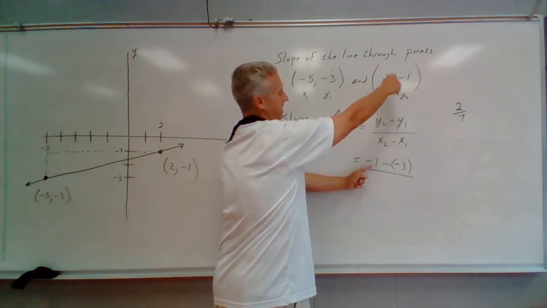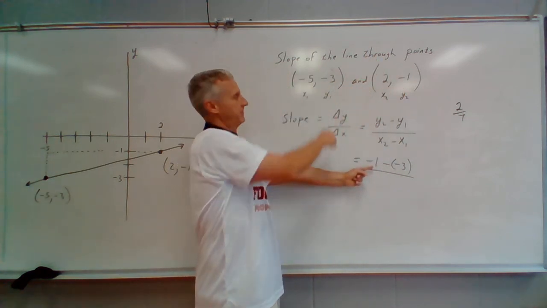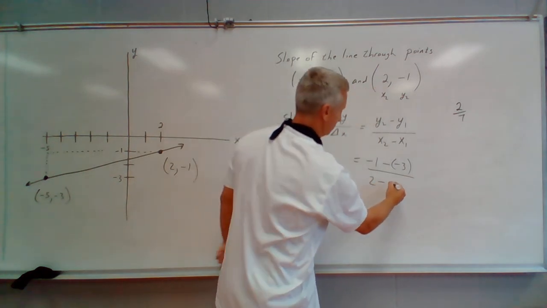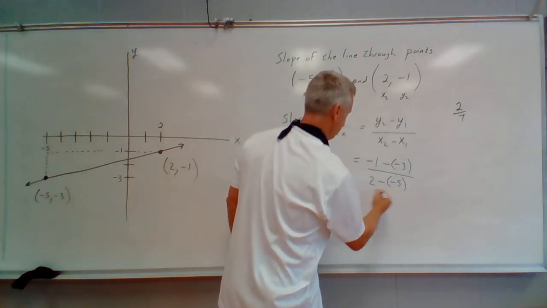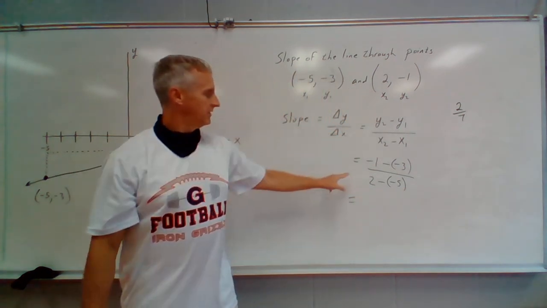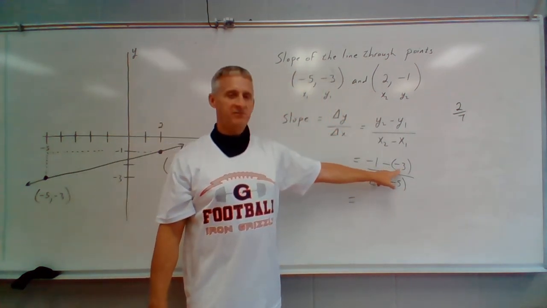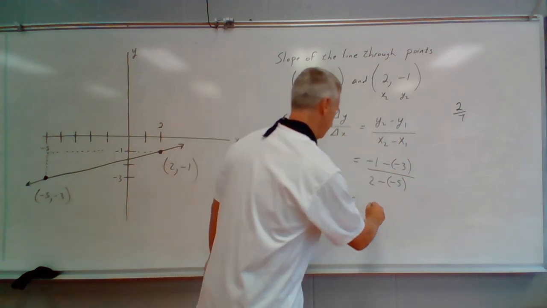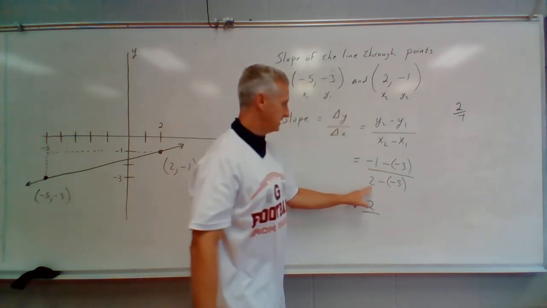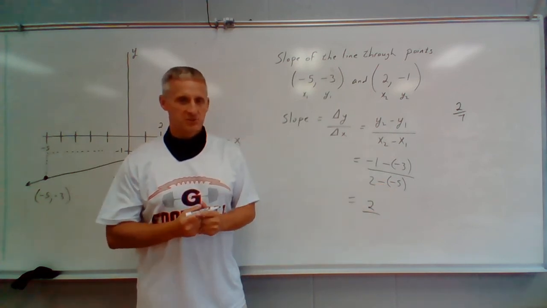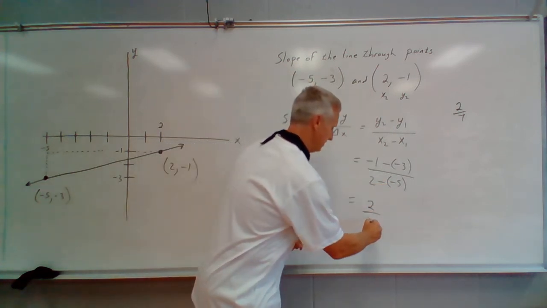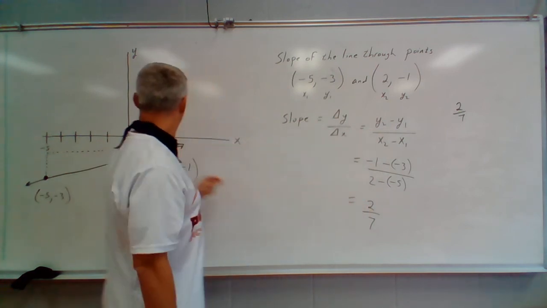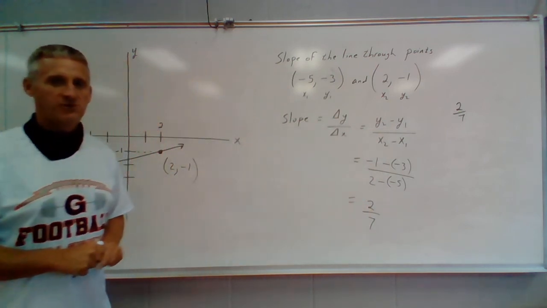It's negative 1 minus negative 3. And it's 2 minus negative 5. Negative 1 minus negative 3, that's negative 1 plus 3, which would be 2. 2 minus negative 5, that's 2 plus 5, which would be 7. And our algebraic answer agrees with what we saw graphically.